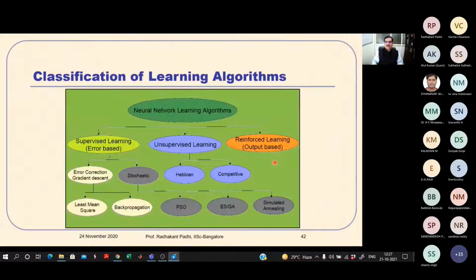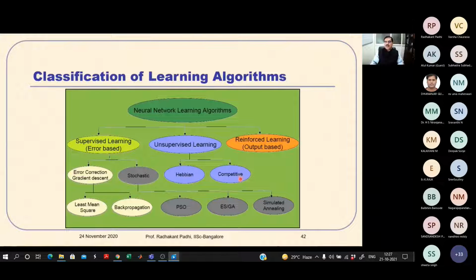So again, if you really want to summarize the classification of learning algorithms, there are many things that are possible. We have supervised learning, with several things: error correction gradient, and there are stochastic methods coming into the picture in a very big way, such as particle swarm optimization, genetic algorithms, and simulated learning. Otherwise, in the error correction gradient descent part, I have least mean square, back propagation, things like that.